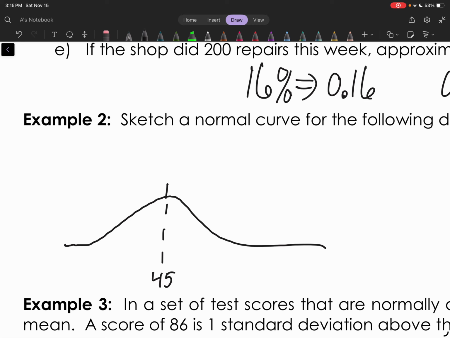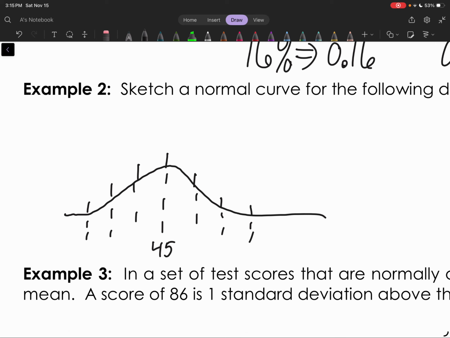And I need to go 3 standard deviations each direction. To get these numbers, I'm going to add 5 to go to the right and subtract 5 to go to the left. So 50, 55, 60, 40, 35, 30.